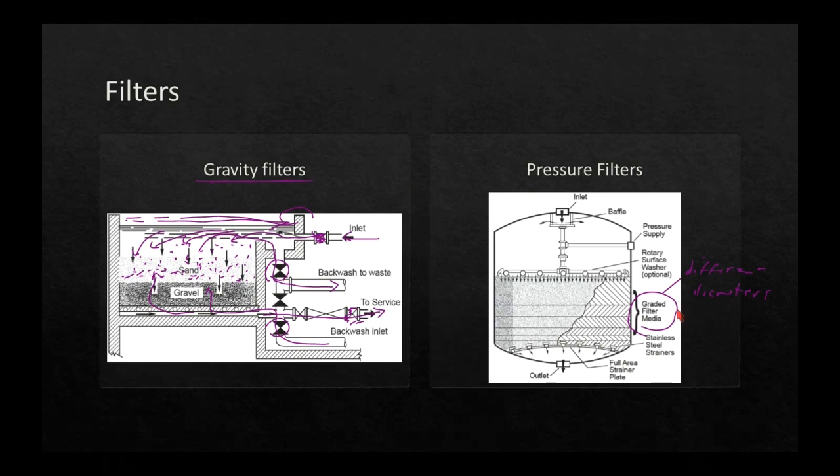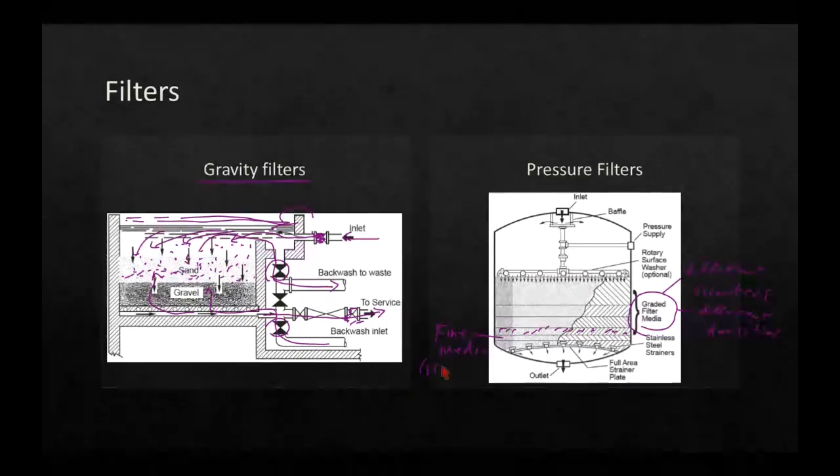Of media, and also different densities. And so the way it's going to work is that the stuff that ends up on the bottom is going to be very fine medium, which means small particle size.